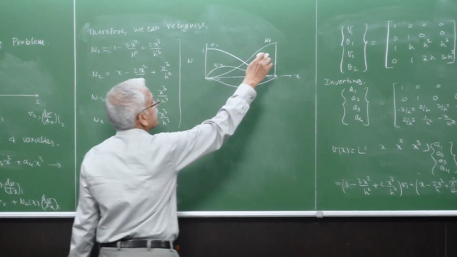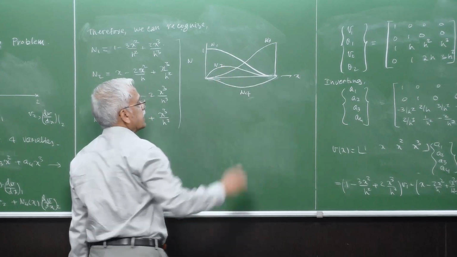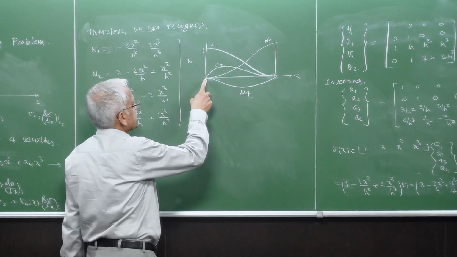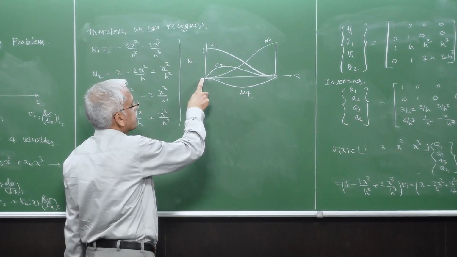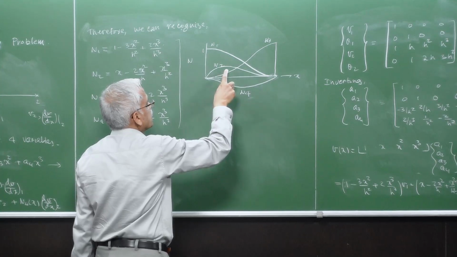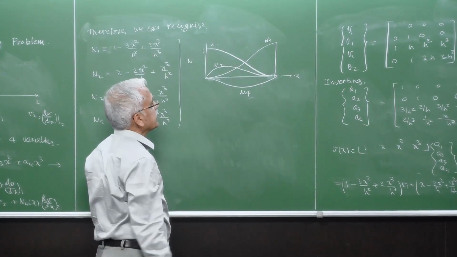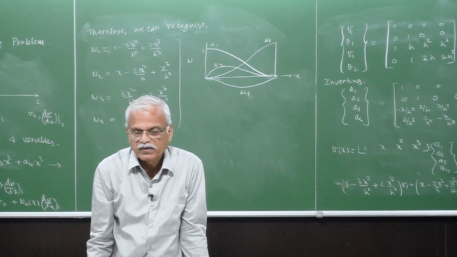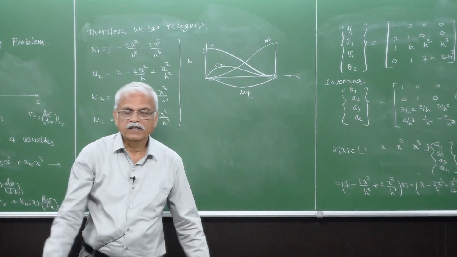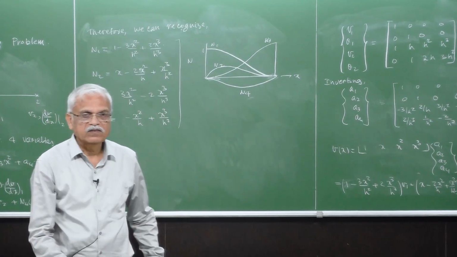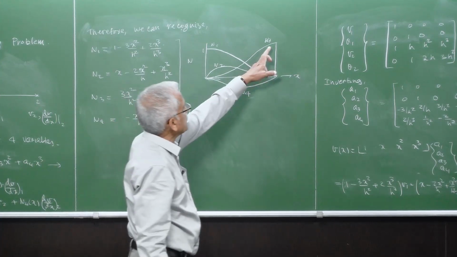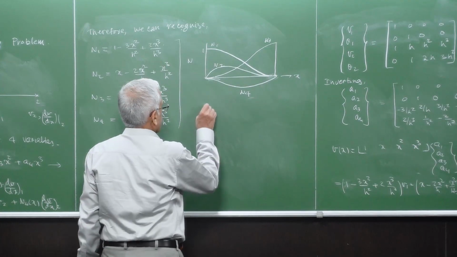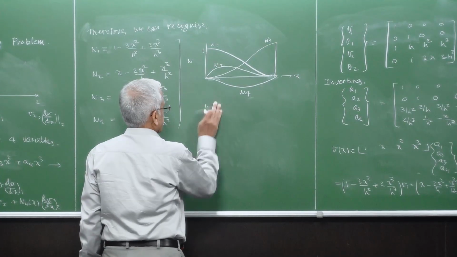So similarly here, this N2 is interesting. It has a slope of 1 because it corresponds to slope 1, and the function value is 0 because that is the degree of freedom, and 0 here both. So similarly for degree of freedom 3, it has a value of 1 for degree of freedom 3, which is the function value or the deflection at node 2, and the slope has to be 0 here because that is another degree of freedom. So like this, these are known as Hermite polynomials.